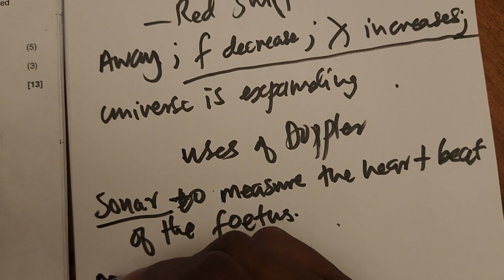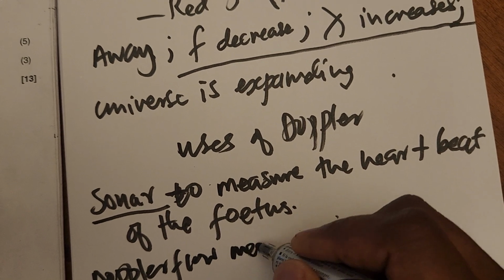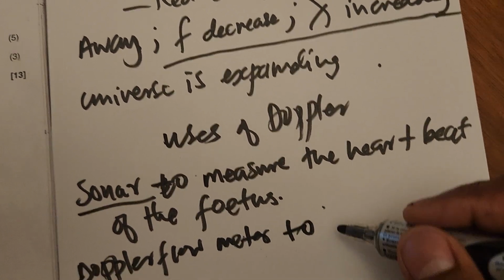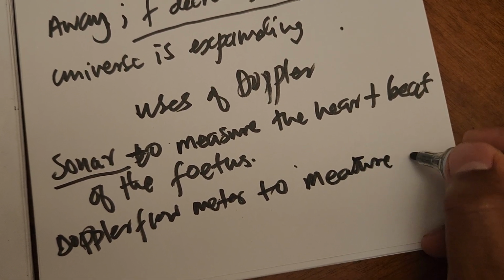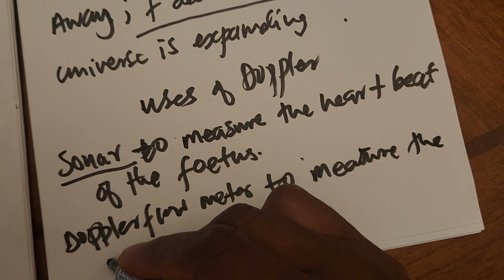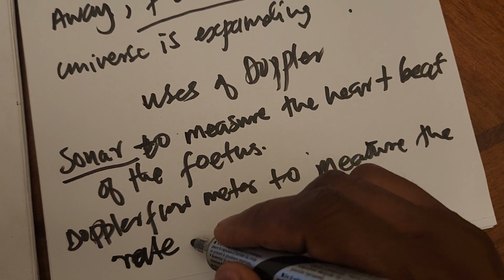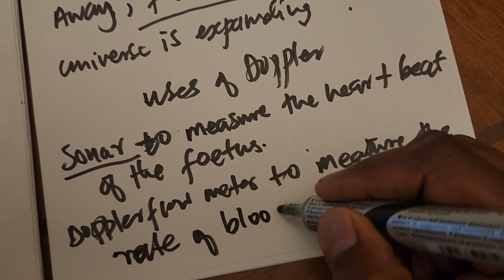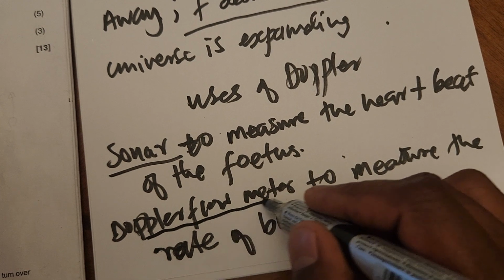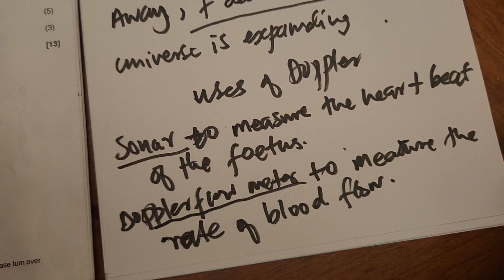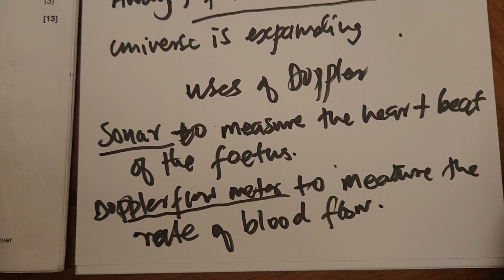You must mention it explicitly. Then the next one will be the Doppler flow meter, which measures the rate of blood flow. So the Doppler flow meter measures the rate of blood flow, whereas the sonar measures the heartbeat of the fetus. Please know these two uses of Doppler in medicine.